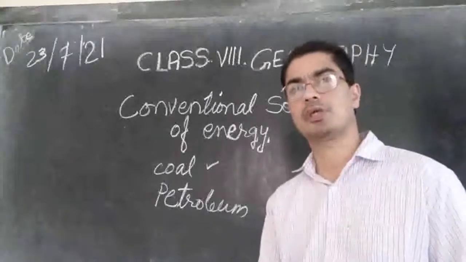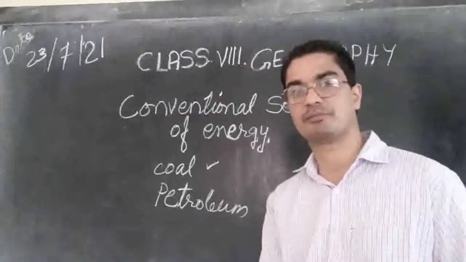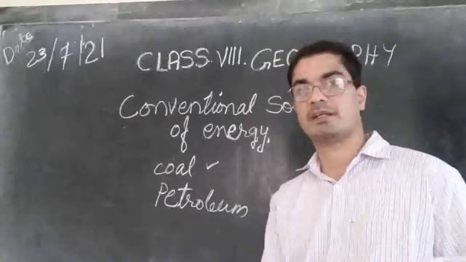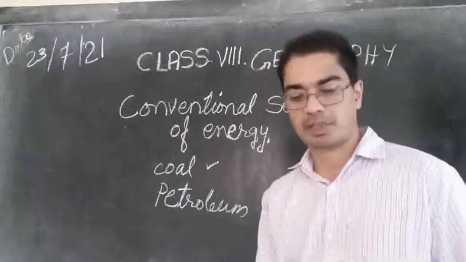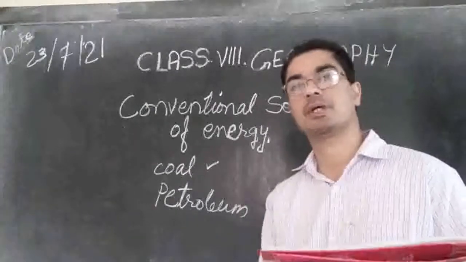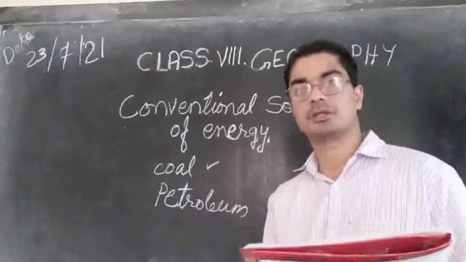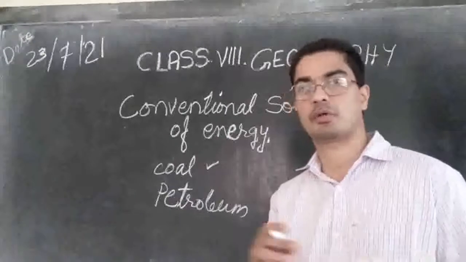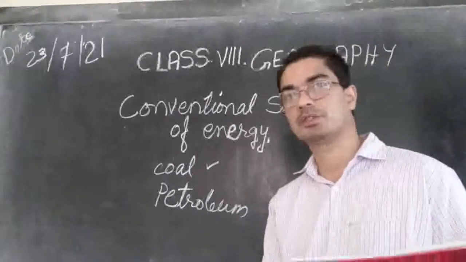Then let us see how the word petroleum came about. How did it get this name? The word petroleum is derived from Latin. Petra means rock, and oleum means oil.